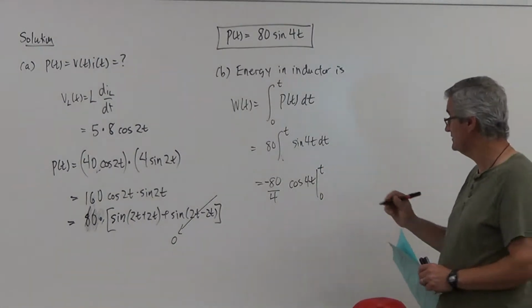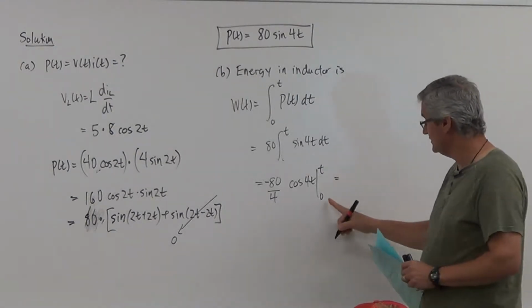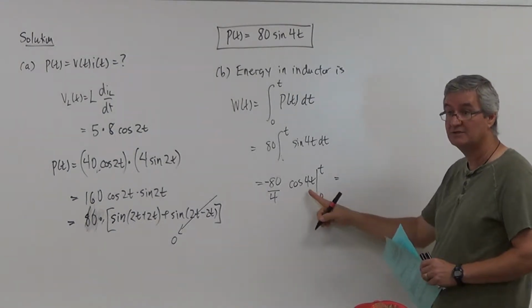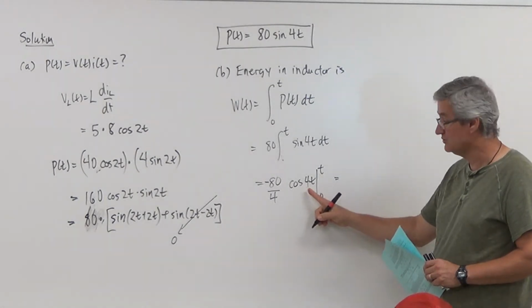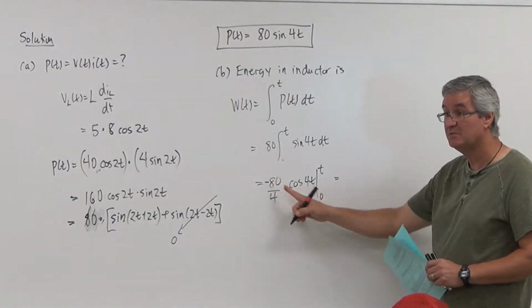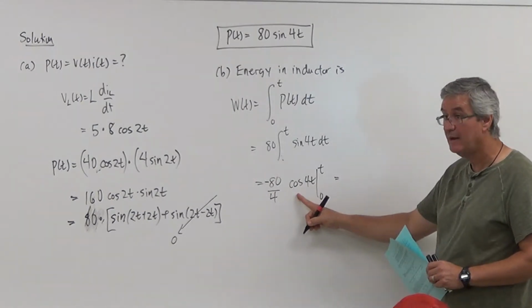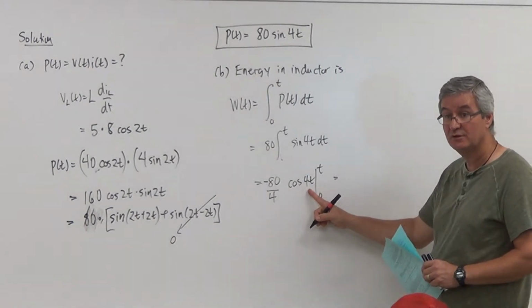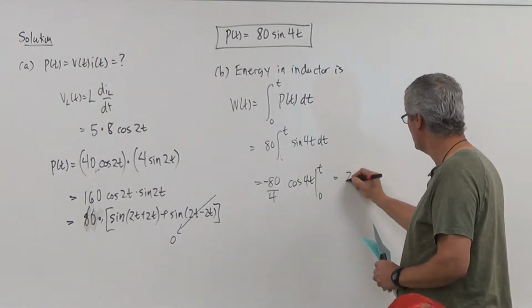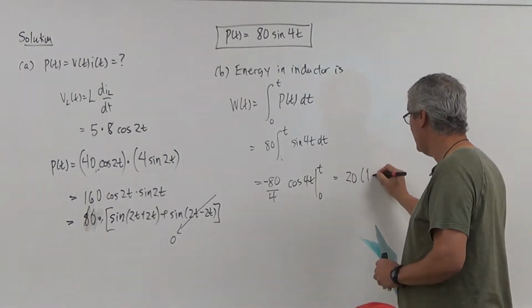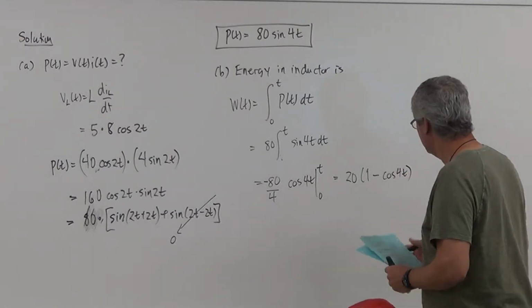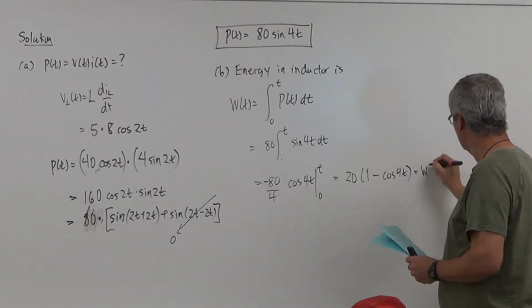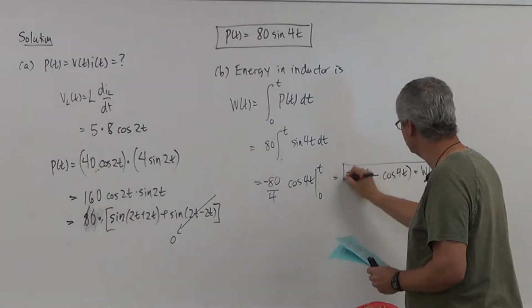And if I just plug this in here, you're going to see that when I plug in 0, it's going to give me 1, but it's going to give me negative 1. So I then should have what? If I bring this minus sign, I should have 1 minus cosine of 4t. So then I should get 20, 1 minus cosine of 4t. And that should give me the energy as a function of time.